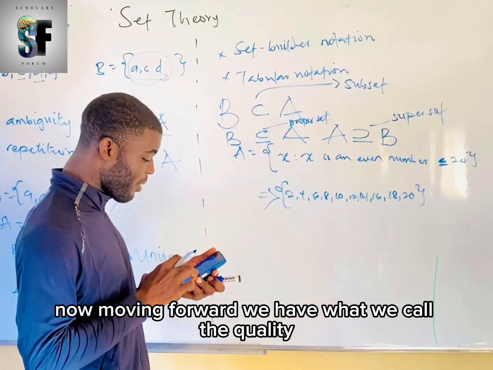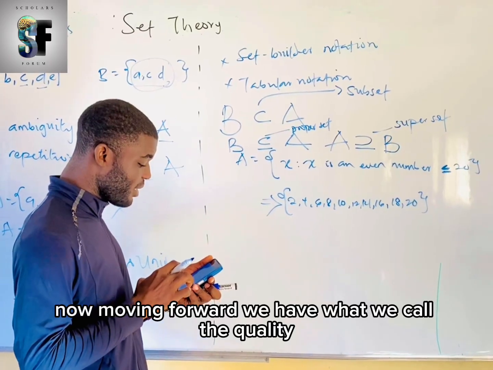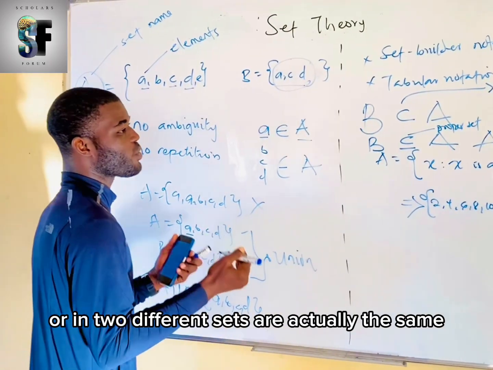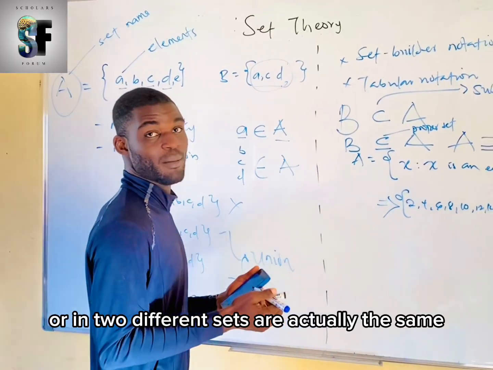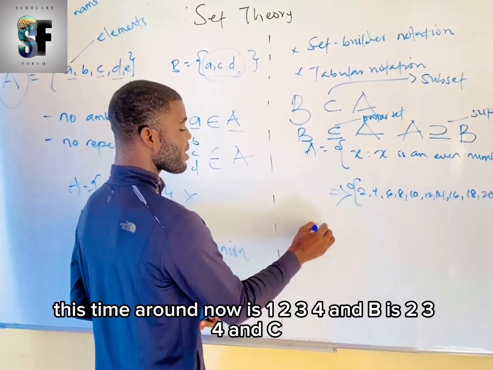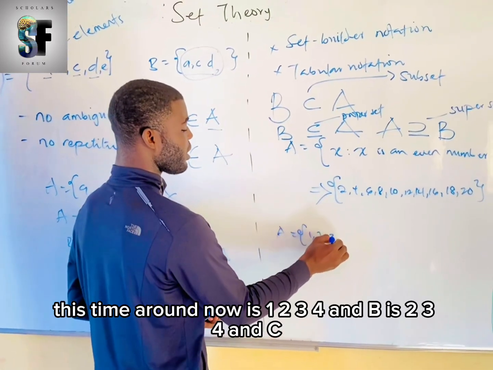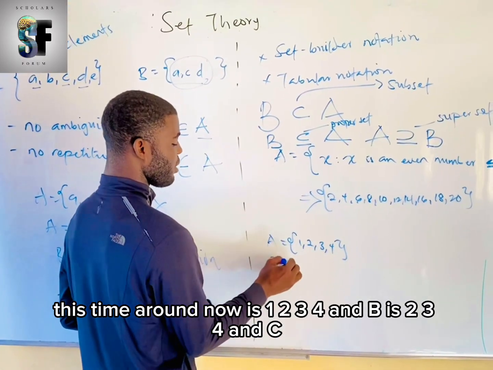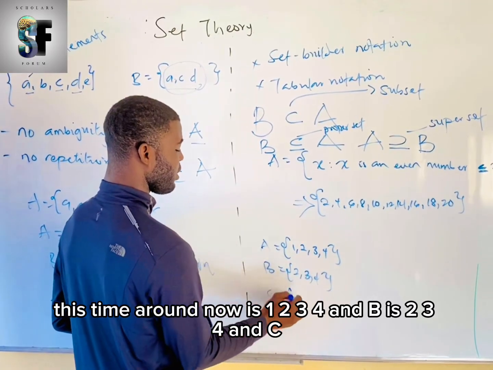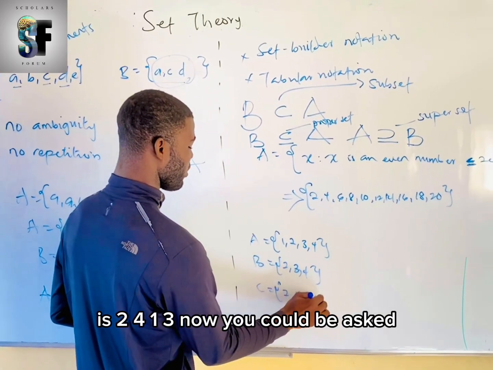Now, going further, we have what we call the equality of sets. When the elements in two different sets are actually the same, irrespective of the order in which they come. If A, this time around, is 1, 2, 3, 4, and B is 2, 3, 4, and C is 2, 4, 1, 3.